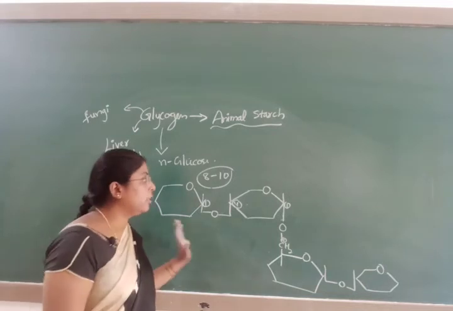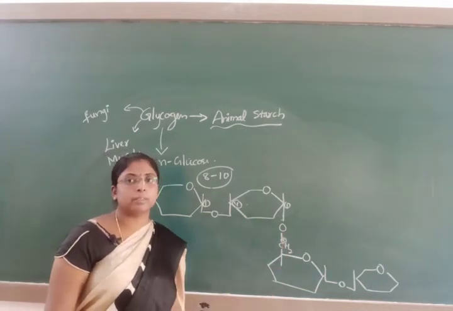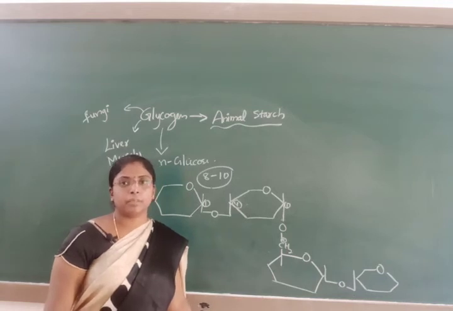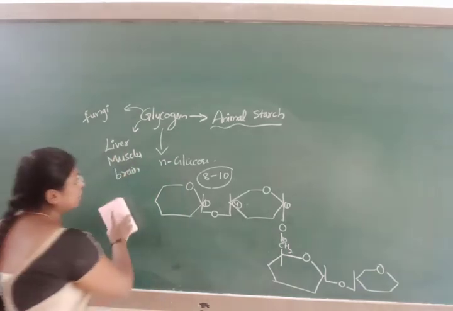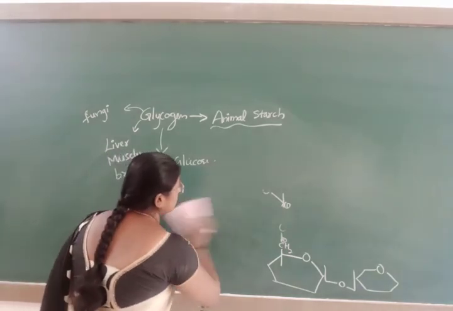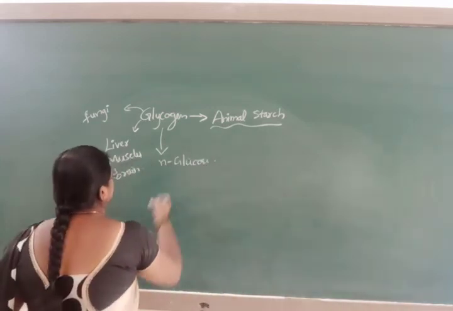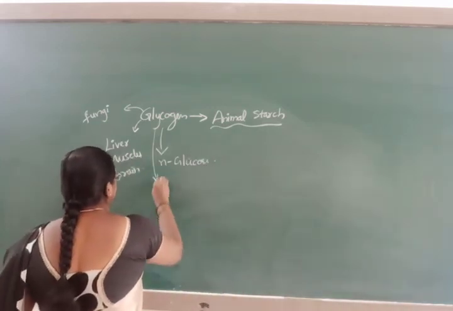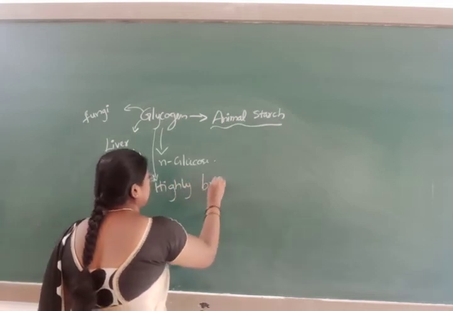Amylopectin is also branched, but glycogen is a highly branched polymer chain.